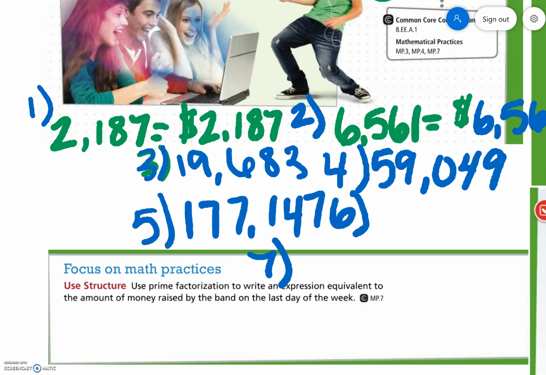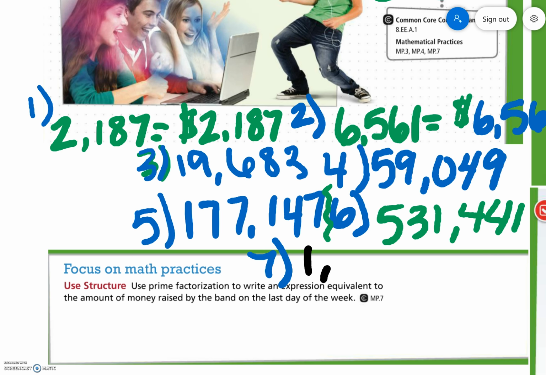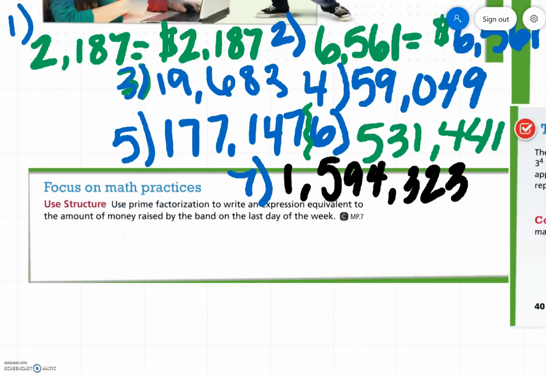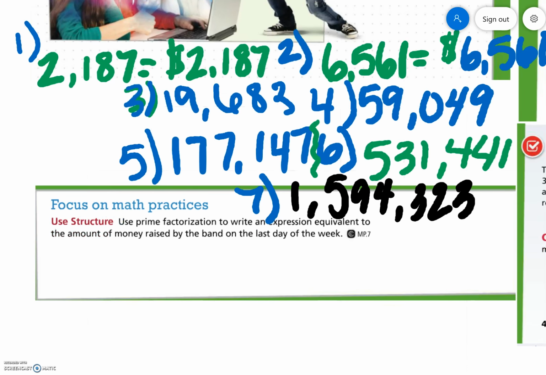I want to put a separator in here so you don't think it's the same number. 531,441. And last but not least, that times 3 gives us 1,594,323. So by the 7th day, this band has raised over $1 million for charity.